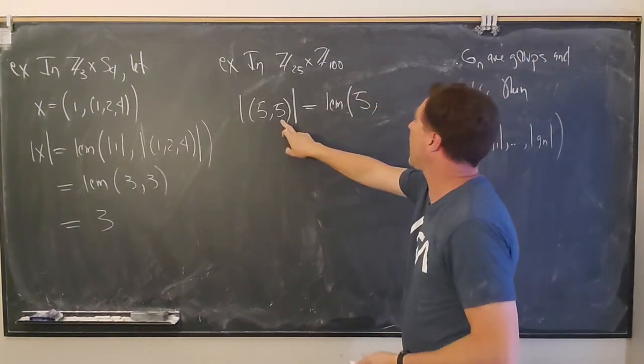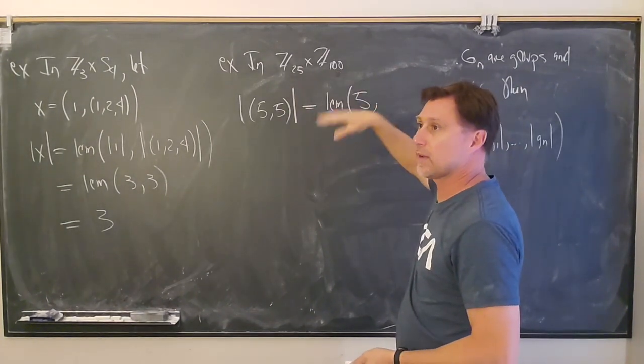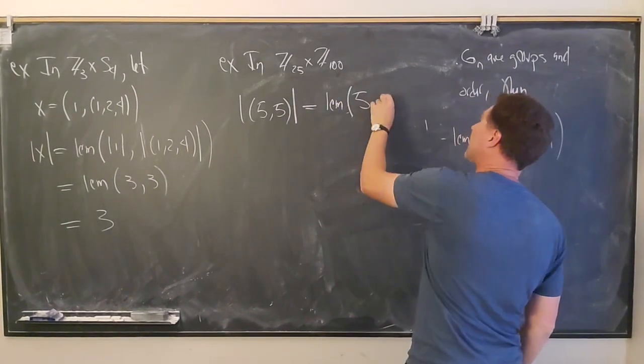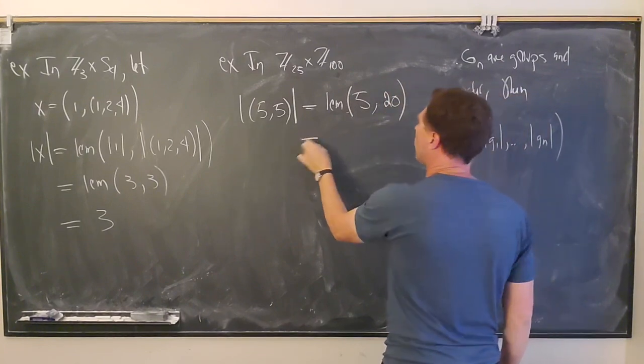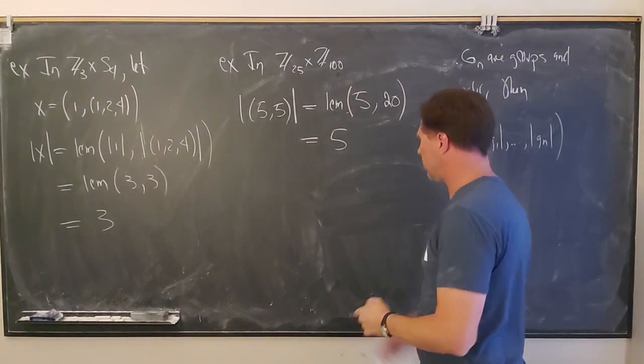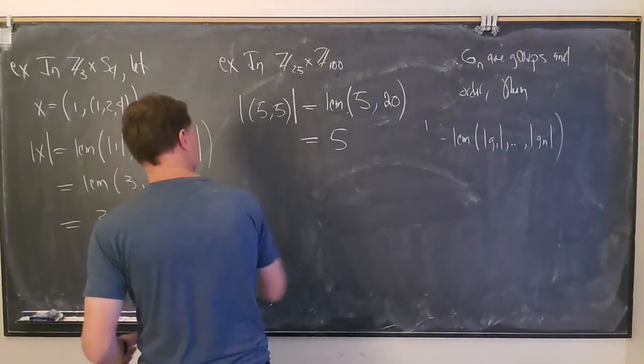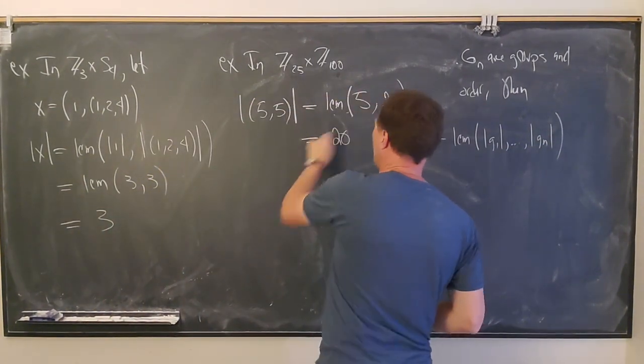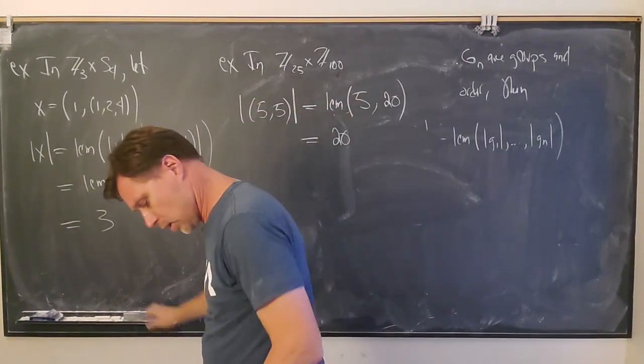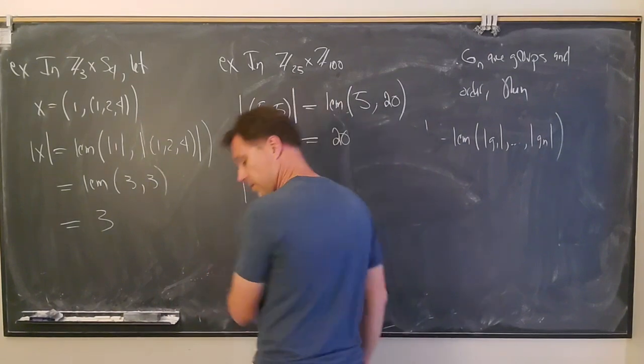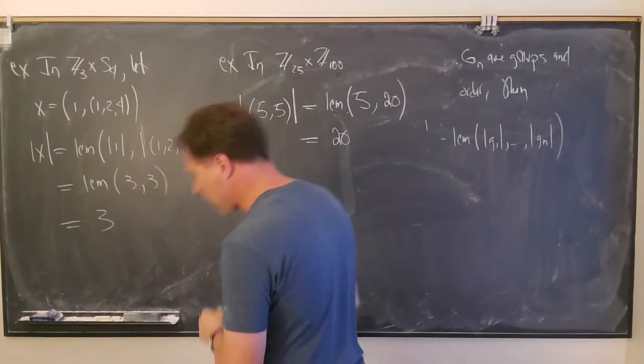The order of 5 in Z100, add it to itself, you get 20 times, so the order is 20. Now let's look at the order of (10, 50).